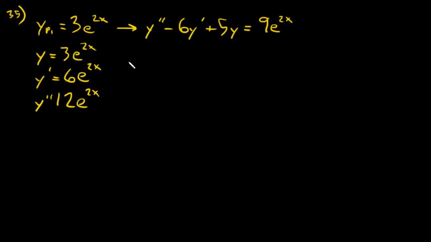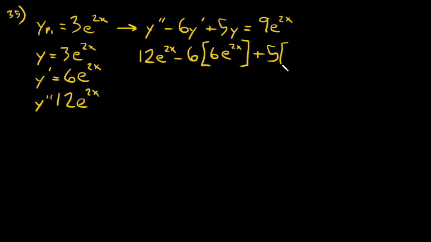Okay, now when I plug them in, I'm going to get y double prime, so 12e to the 2x minus 6 times this one, which is 6e to the 2x, plus 5 times this one, which is 3e to the 2x. And so let's see, I've got 12 minus 36, so negative 24 plus 15.